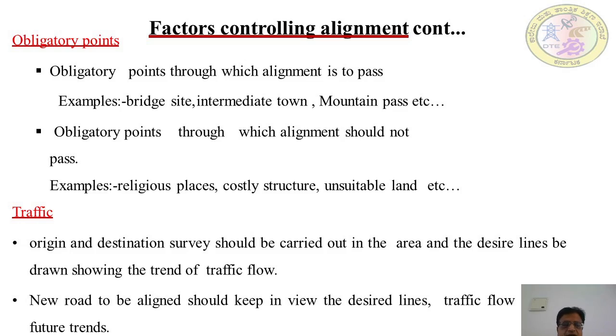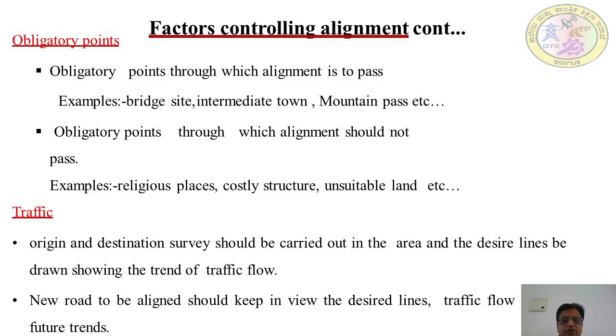Let's discuss traffic. Origin and destination survey should be carried out in the area, and the desire lines should be drawn showing the trend of traffic flow. From where the person is living, usually everyone leaves their home either to school, college or office.